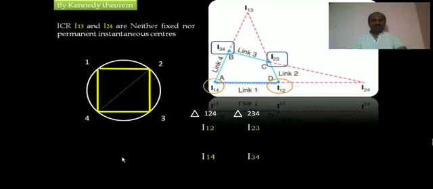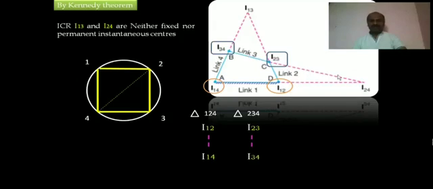So I need to extend the line which is connecting I14 and I12, and for the second triangle, I need to extend the line joining I23 and I34, that is link 3.